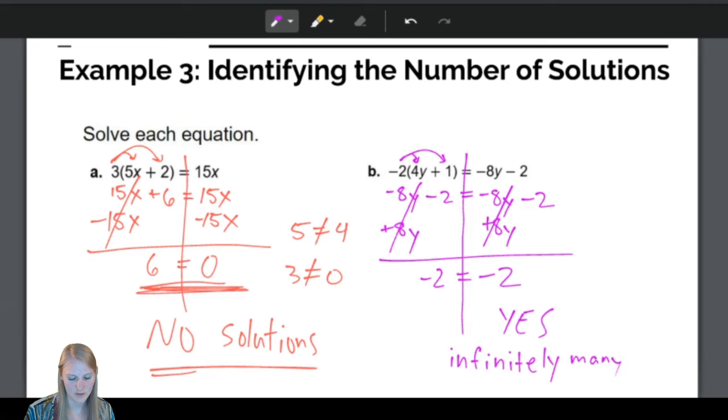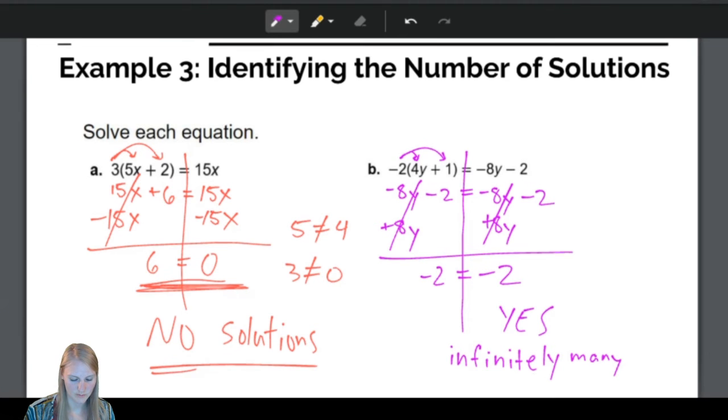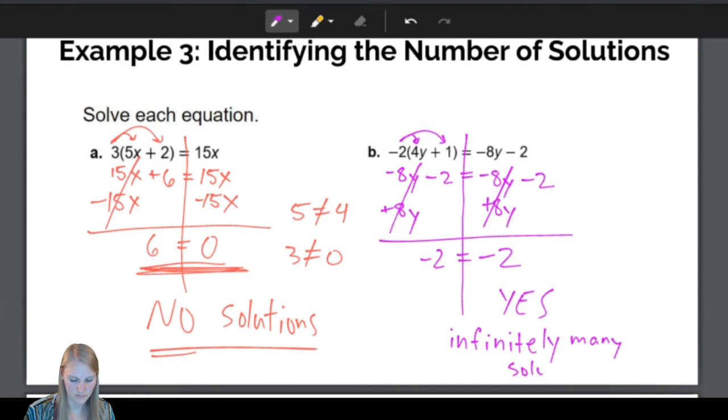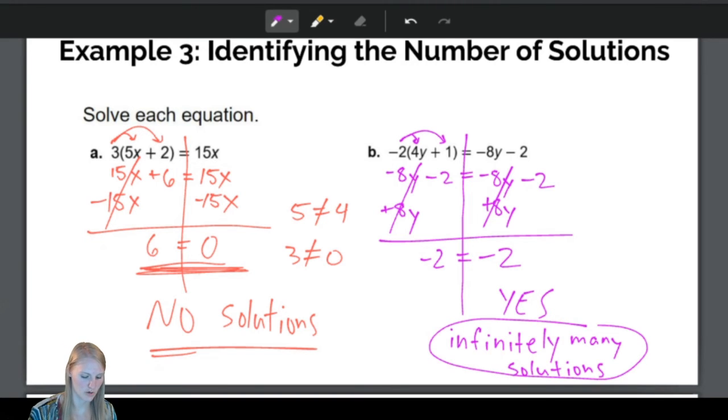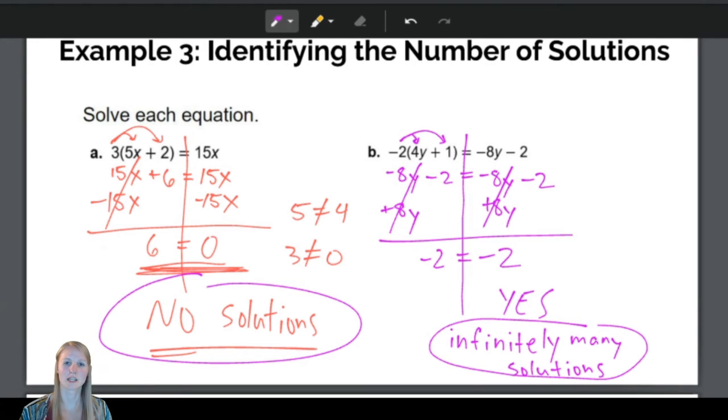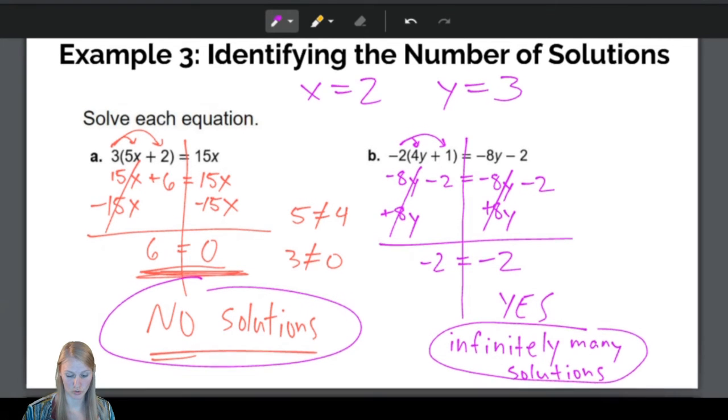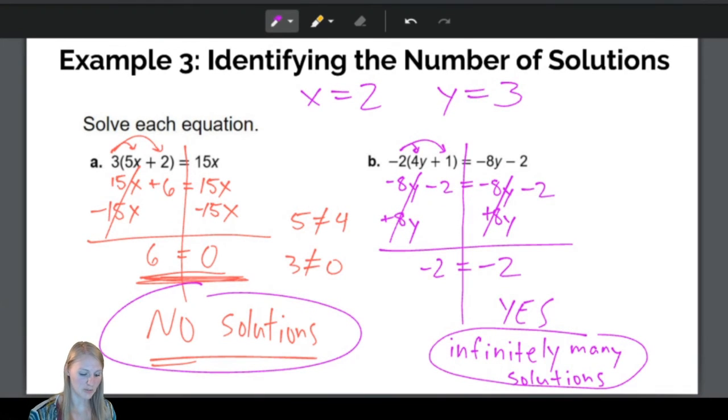So there are infinitely many solutions. Infinitely many solutions. So over here, we had no solutions, and here we have infinitely many solutions. So usually, you get x equals 2, y equals 3. You get something like that, usually. But sometimes the variable disappears.